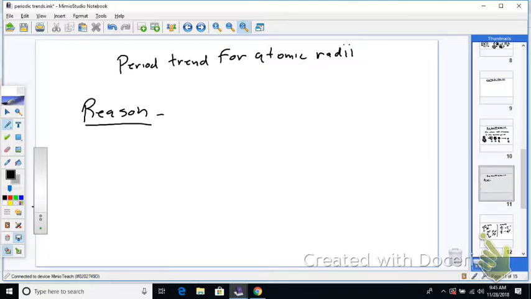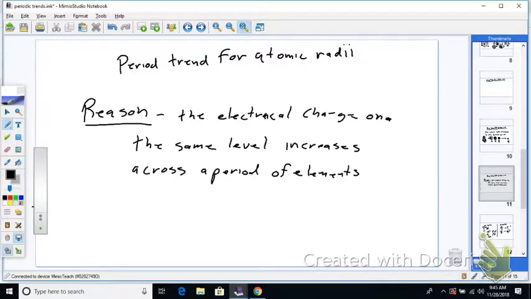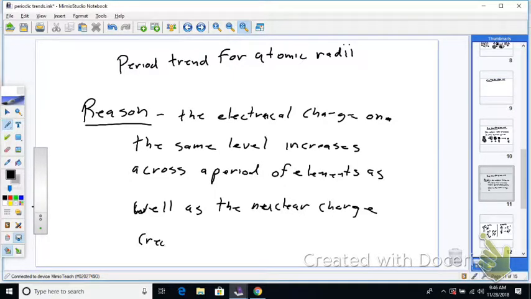The reason is because the electrical charge on the outer level, on the same outer level, increases across the period, as well as the nuclear charge, creating a greater force between the nucleus and electrons.